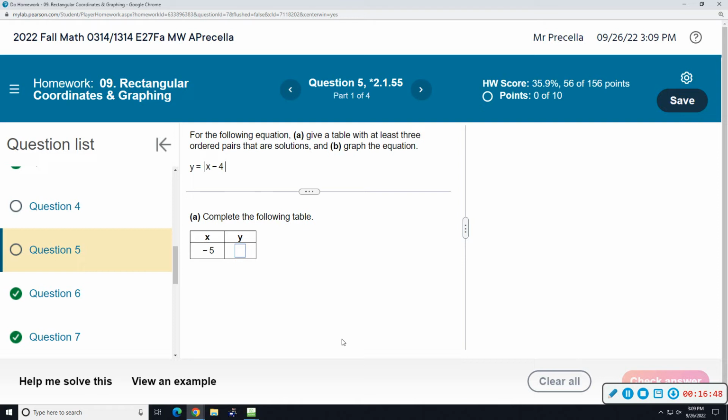And they're going to give us a table of values that they want us to complete. The instructions say you're going to be getting at least 3 ordered pairs. Well, it's going to be exactly 3 ordered pairs. And the first number they want us to plug in is a -5.